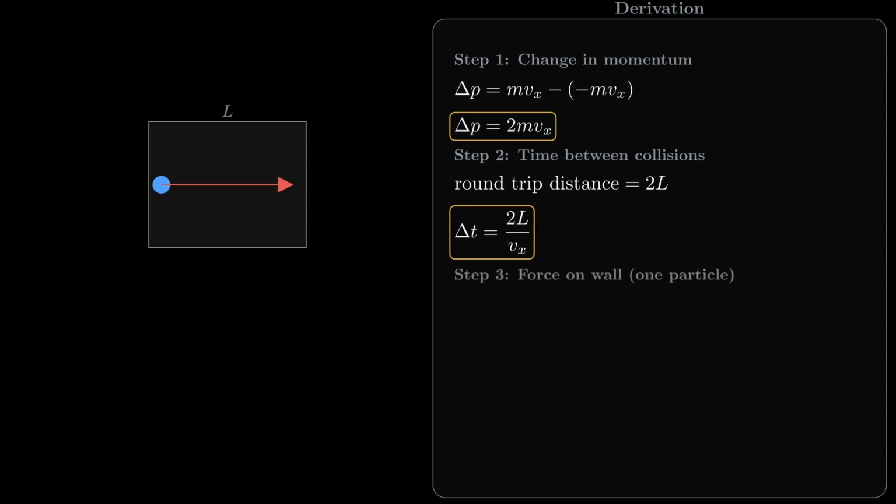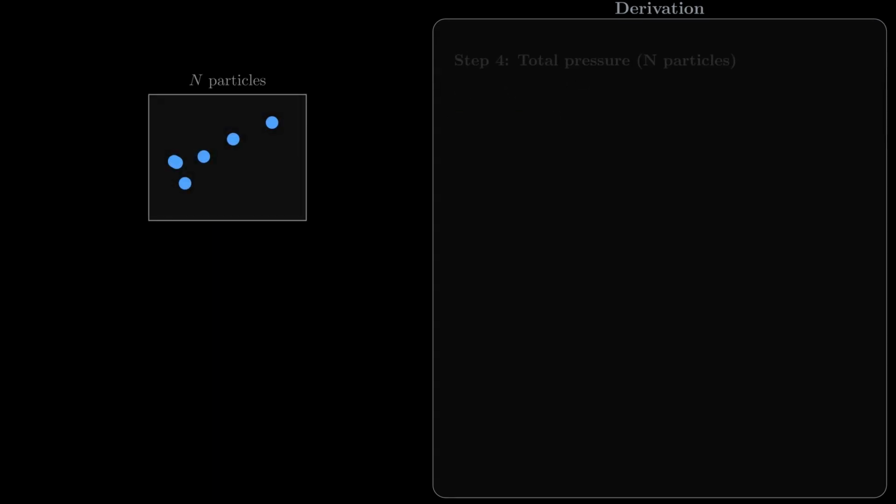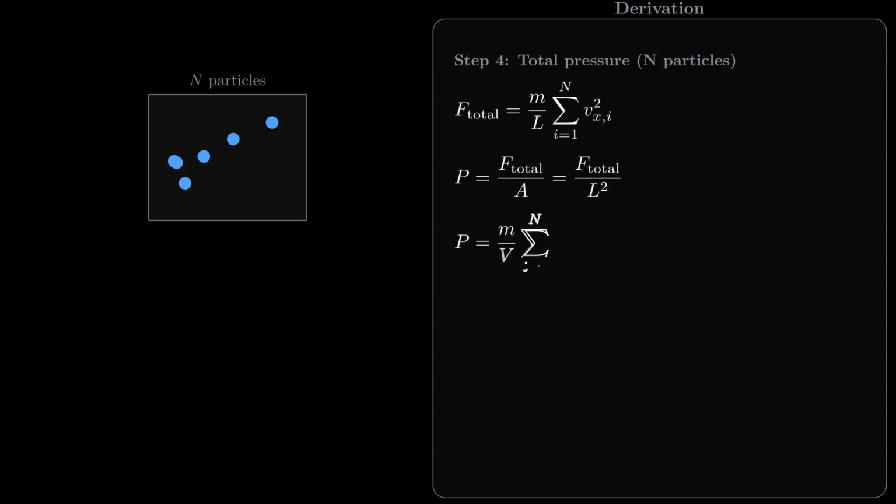Hence, the force which a particle exerts on the wall is given by mv_x squared over L. The total pressure, then, for capital N particles is the total force divided by the area, which can be simplified to m over V times the sum of the squared x velocities.